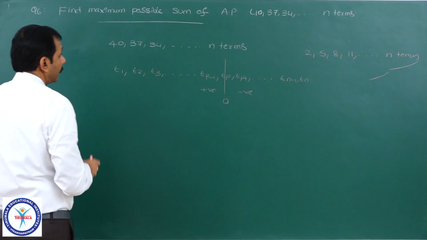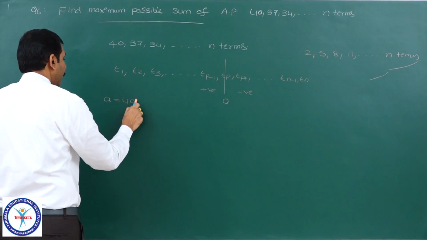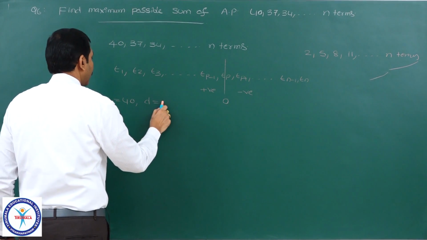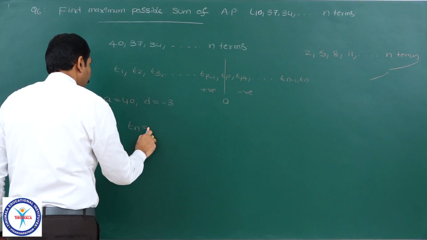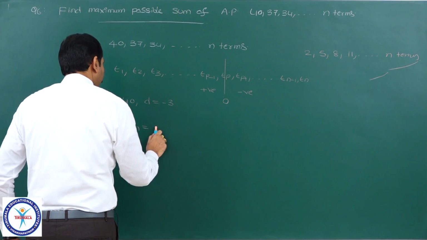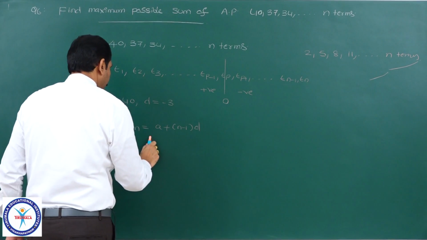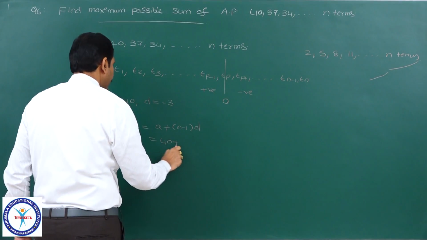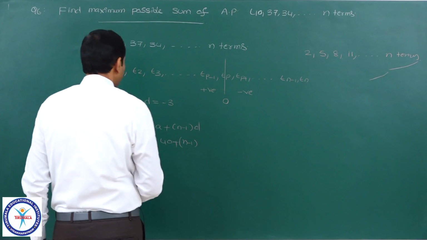Anyhow, let us write Tn for this one. What is A here? A is equal to 40 and common difference D is equal to minus 3. Therefore, nth term Tn is equal to A plus n minus 1 into D. It is equal to 40 plus n minus 1 into D, means minus 3.